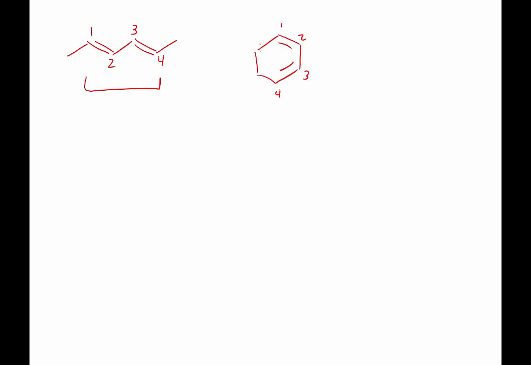So it's only the 4 bonds that are in the diene system that I'm concerned about. So that means I only add to carbon 1 or I only add to carbon 4. That's where the electrophile is going. Okay. Does that make sense?